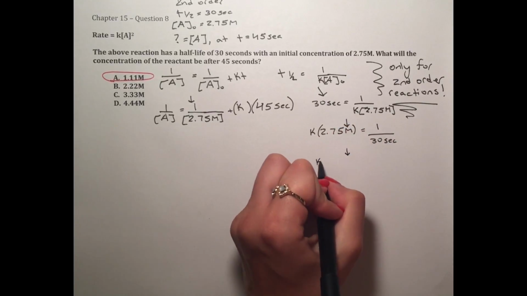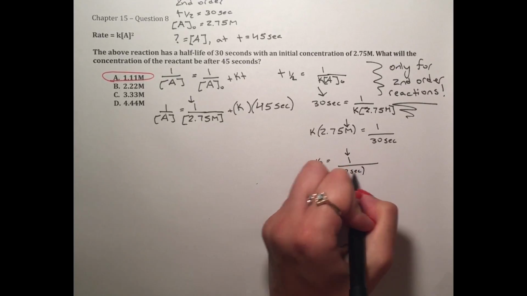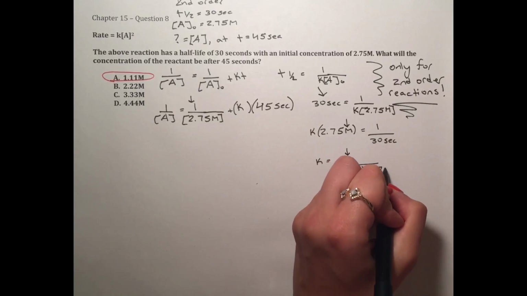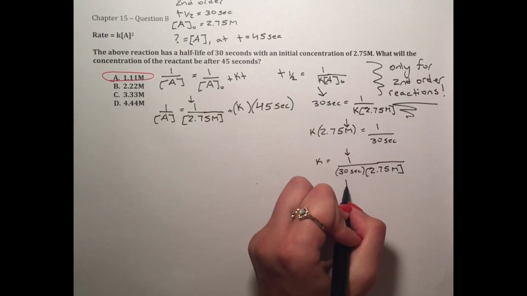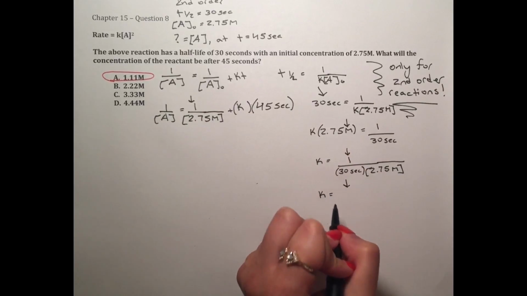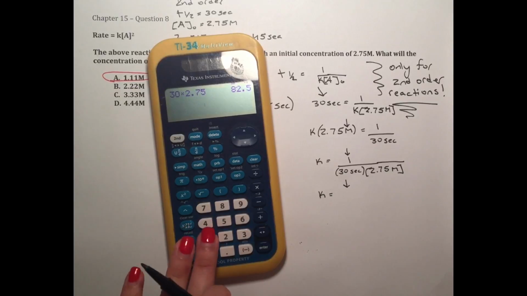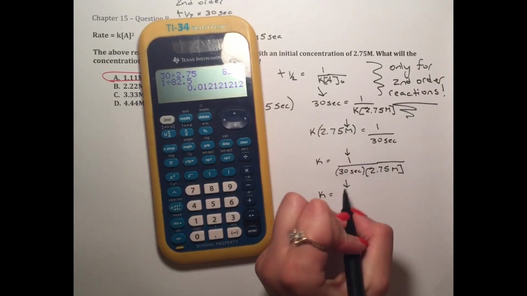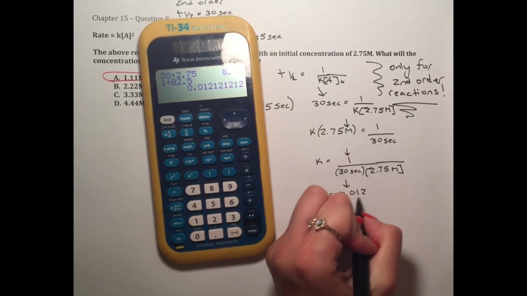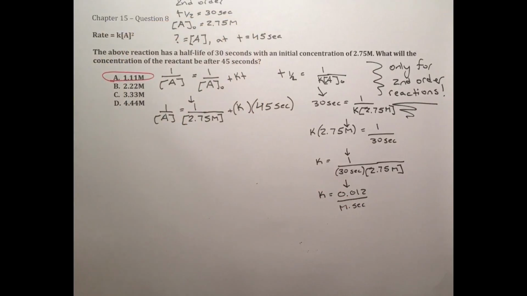And then K is equal to 1 over 30 seconds times 2.75 molar. Right. So let's just multiply 30 times 2.75. 1 divided by 82.5 gives us 0.012 over molar times seconds is equal to K.